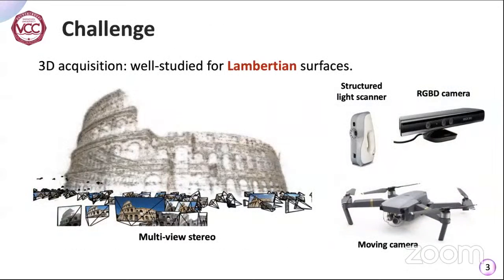The acquisition of three-dimensional real-world objects or phenomena is an important topic in computer graphics as well as in computer vision. Most techniques developed over the past 2 decades have focused on opaque objects with the assumption of nearly Lambertian reflectance.